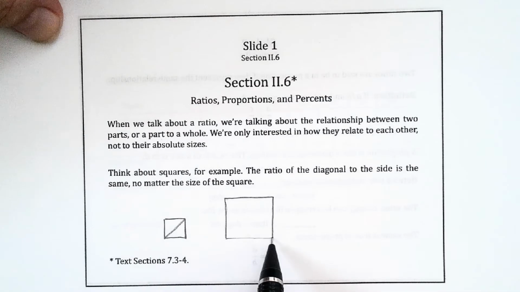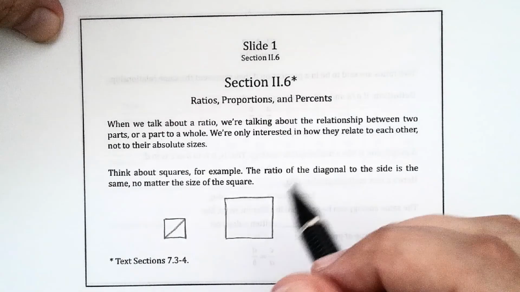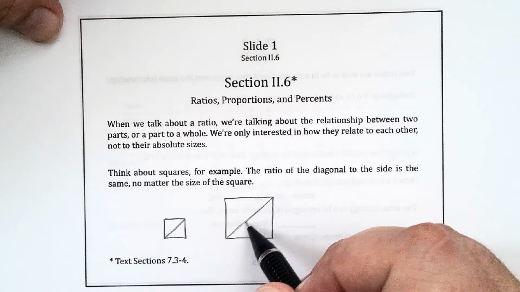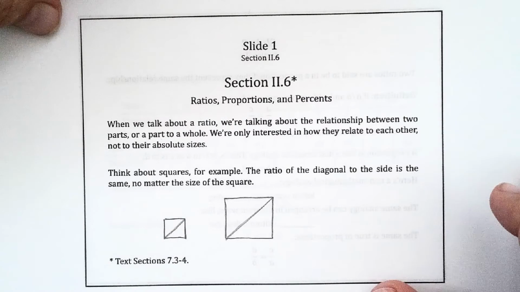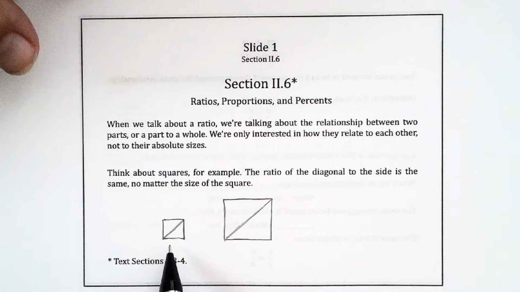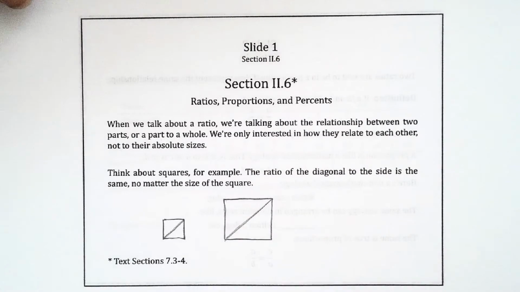And think about the relationship of its diagonal and side. So it's the same relationship in each case. The diagonal is a certain number of times the length of the side. That number of times is the same, whether it's a small square or a large square.